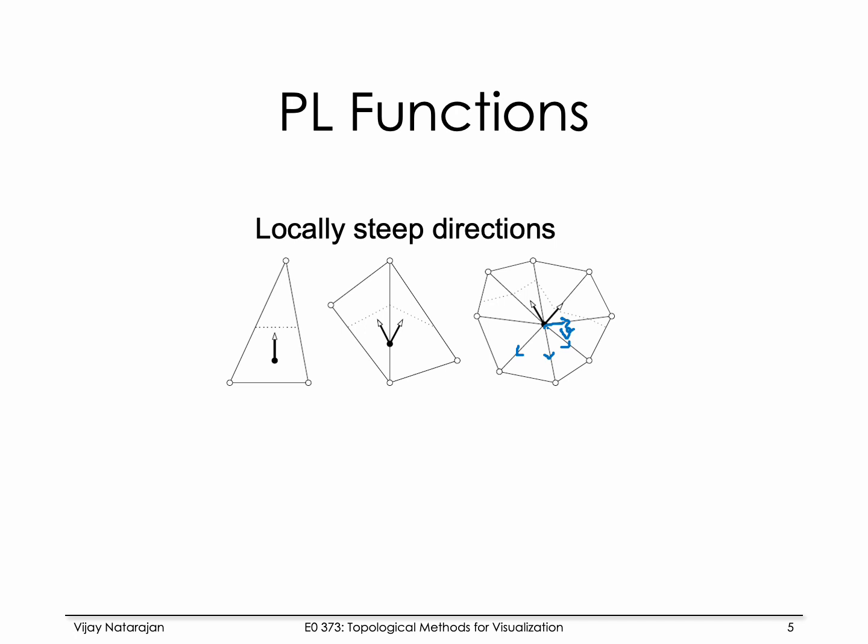So this is what we mean by locally steep direction, and this is how we extend the notion of gradients to vertices. We will need this notion of locally steep direction when we compute the Morse complex and the Morse-Smale complex.